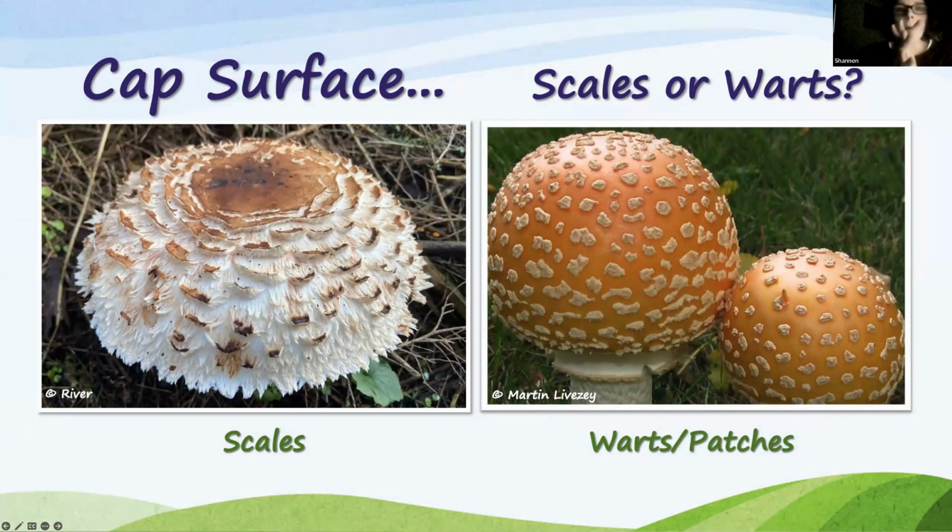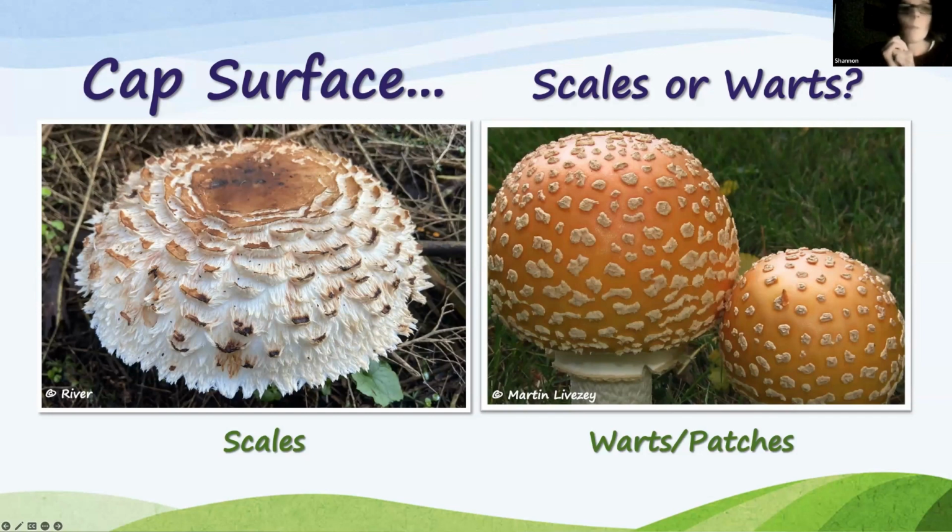And so the difference fundamentally is that one attribute or type of ornamentation is actually integrated or part of the cap cuticle or the skin of the cap, whereas the other is remnants of a different feature entirely and can be rather easily removed.